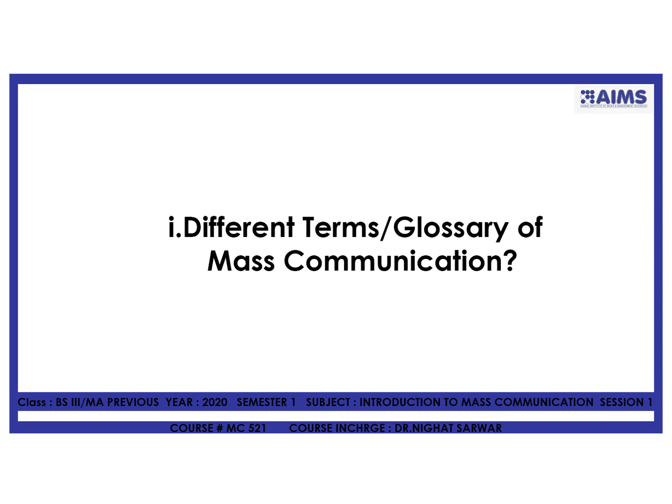Okay, next term, inverted pyramid. The news style in which the most important and interesting facts are given at the start and the remainder according to their importance is known as the inverted pyramid style of news writing. Next term, lead.